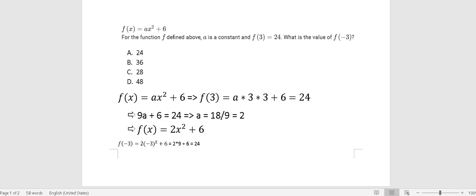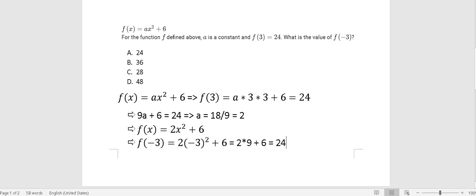Okay, or if you see a very quick way of doing it, just for this function, you see x is to the second power, a is the constant, 6 is also a constant, so everything in the function is a constant except for x. But any number, regardless of it being positive or negative, to the power of 2 is always a positive number, right?